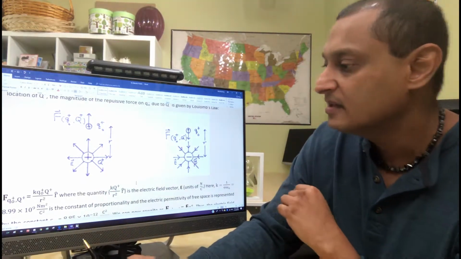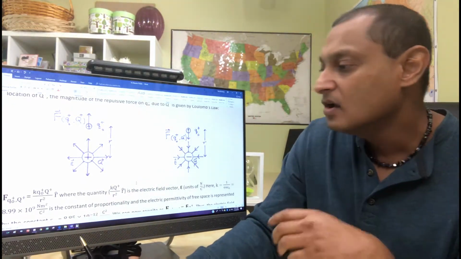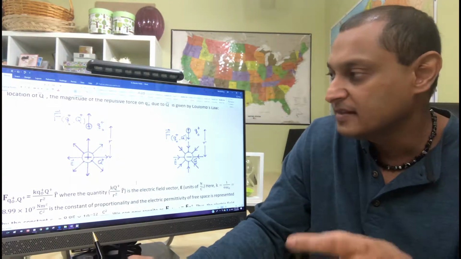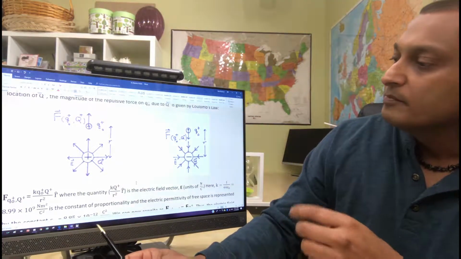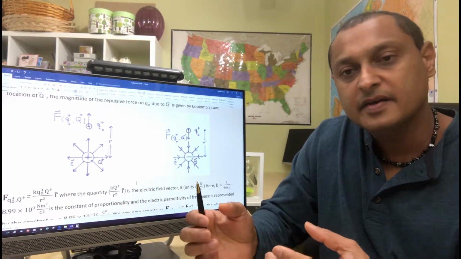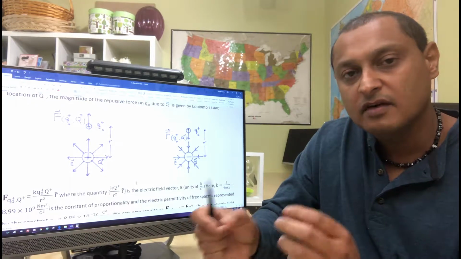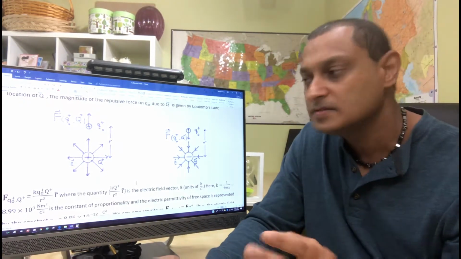So these are the limiting factors in calculating this Coulomb force of attraction that we've already talked about. The Coulomb force you could think of as being facilitated by the interaction of the electric fields due to the two charges.